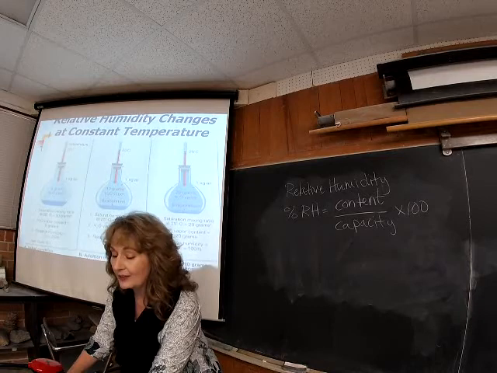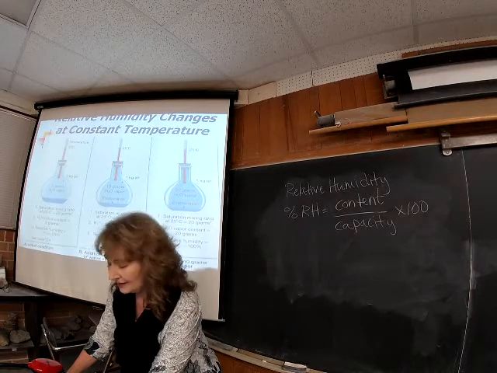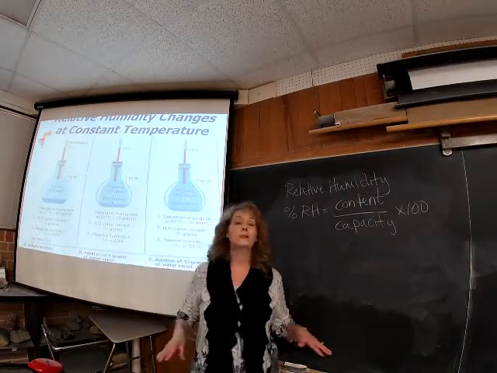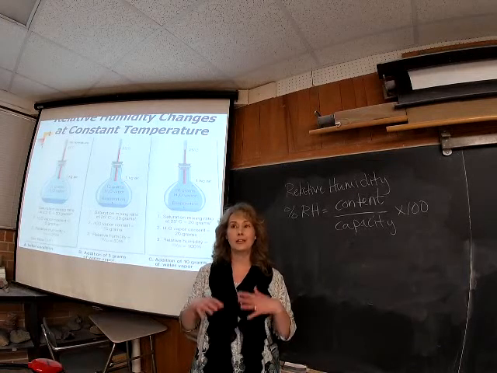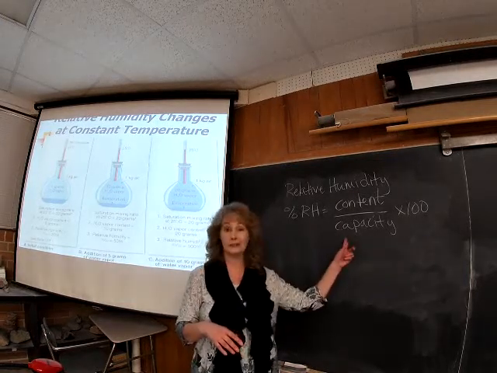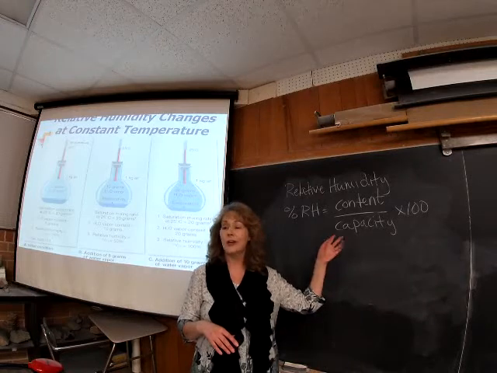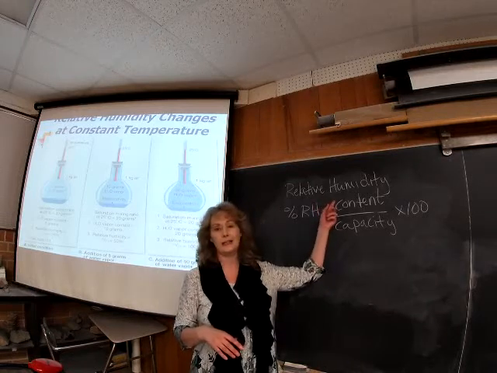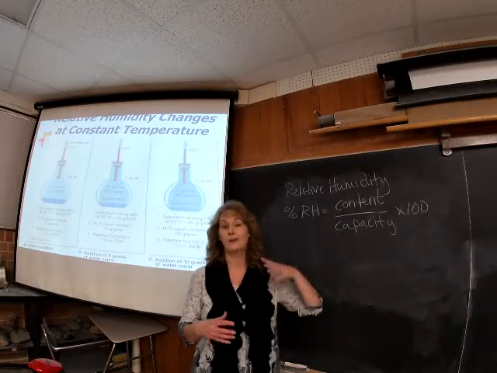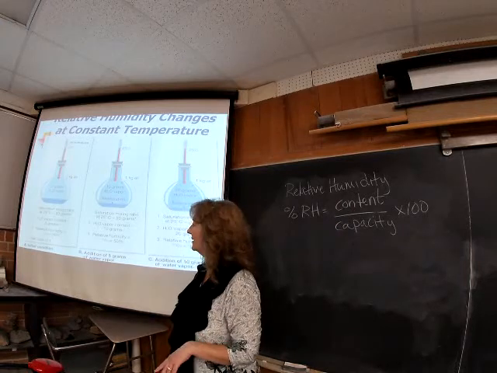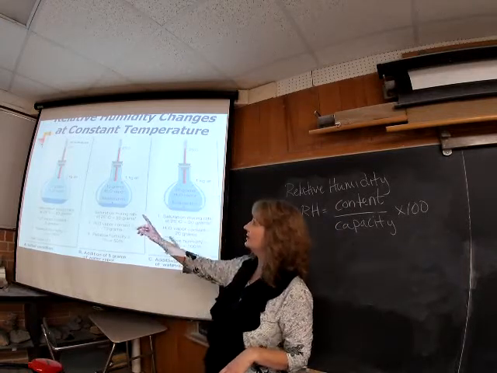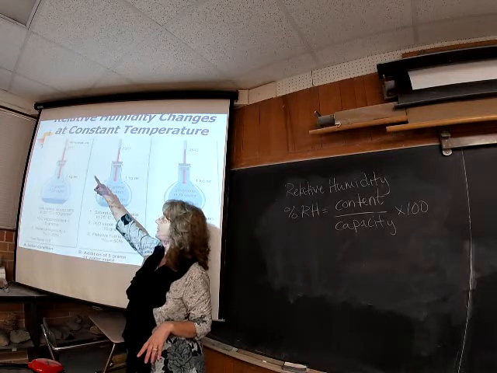In this scenario, they are keeping the temperature constant. So if you keep your temperature constant, you keep your capacity constant. That's not changing. So what they're doing is adding to the content of water vapor. As you notice, the temperature is steady.